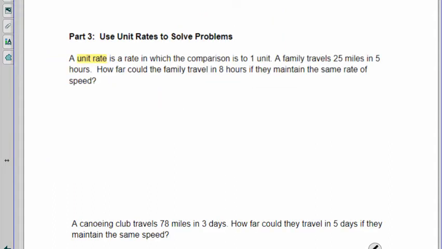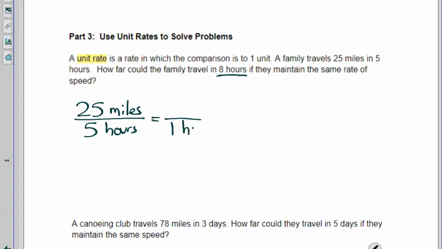So here we go. We're going to use unit rates now to figure out a different kind of problem. A family goes 25 miles in 5 hours. I want to know how far they could go in 8 hours. Well, I can't get directly from 5 to 8. So I'm going to find a unit rate first to find out how many miles per 1 hour I go. And then I can go from 1 to 8 pretty easily. So I'm going to divide top and bottom.